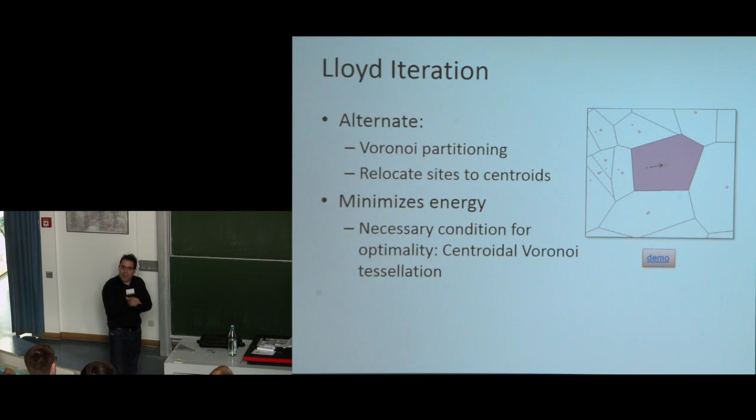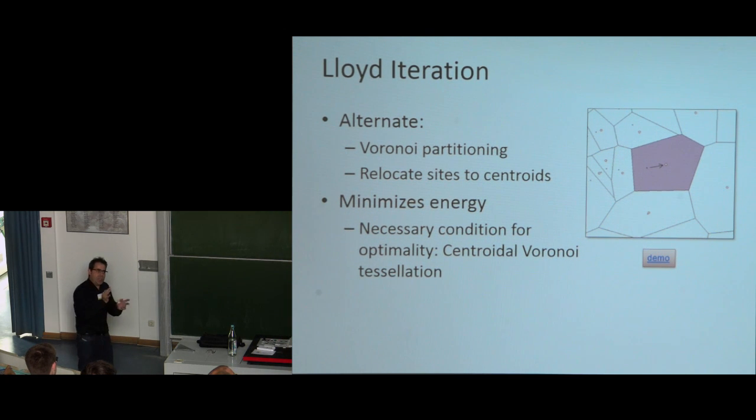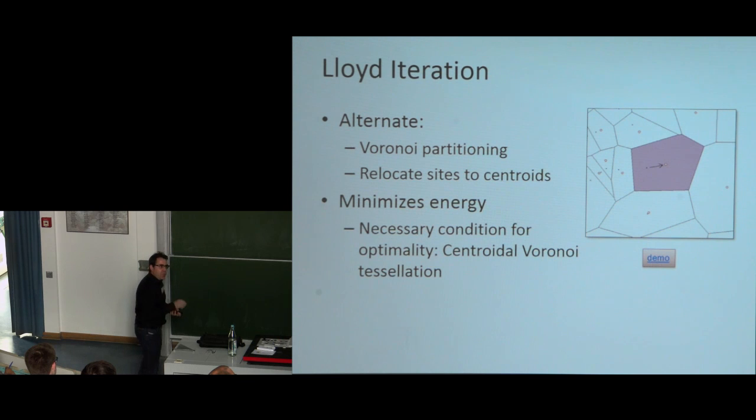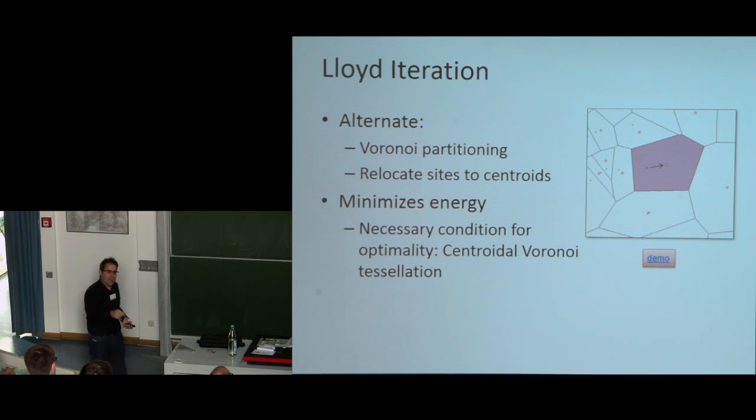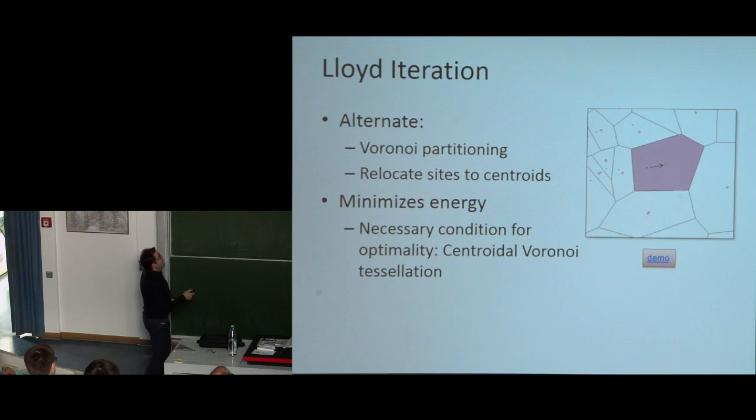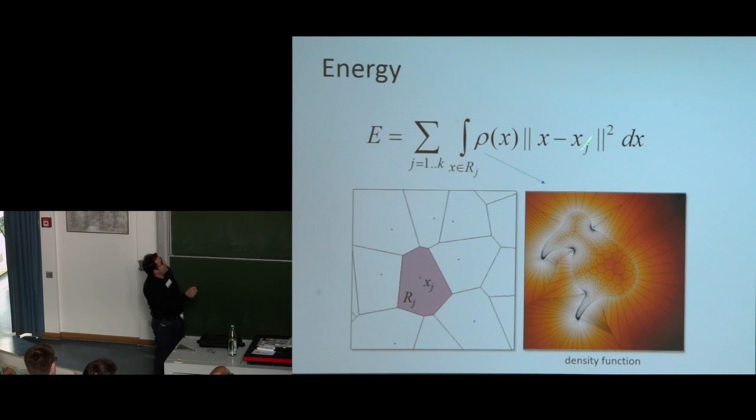Okay. What we are going to do simply is called an expectation maximization approach, in which we are going to alternate between these two minimization algorithms, but we are going to minimize the same energy at each step. Okay, there are 2 degrees of freedom in that energy, in that equation. The first degree of freedom is which are the regions, and the other one is which are the generators.